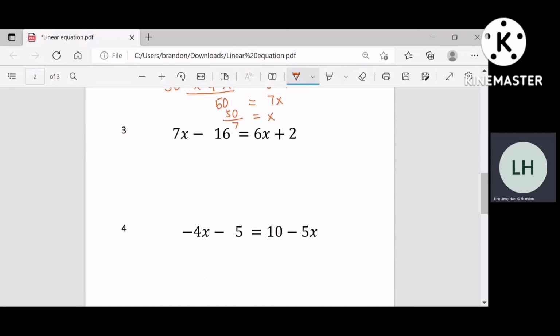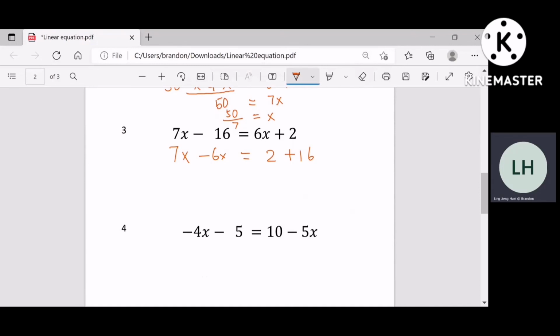Okay, we move on to question number 3. 7x minus 16 equals 6x plus 2. Here, on both sides, you have the x and the number. So what you can do is try to group the x together. x equals 2 plus 16.